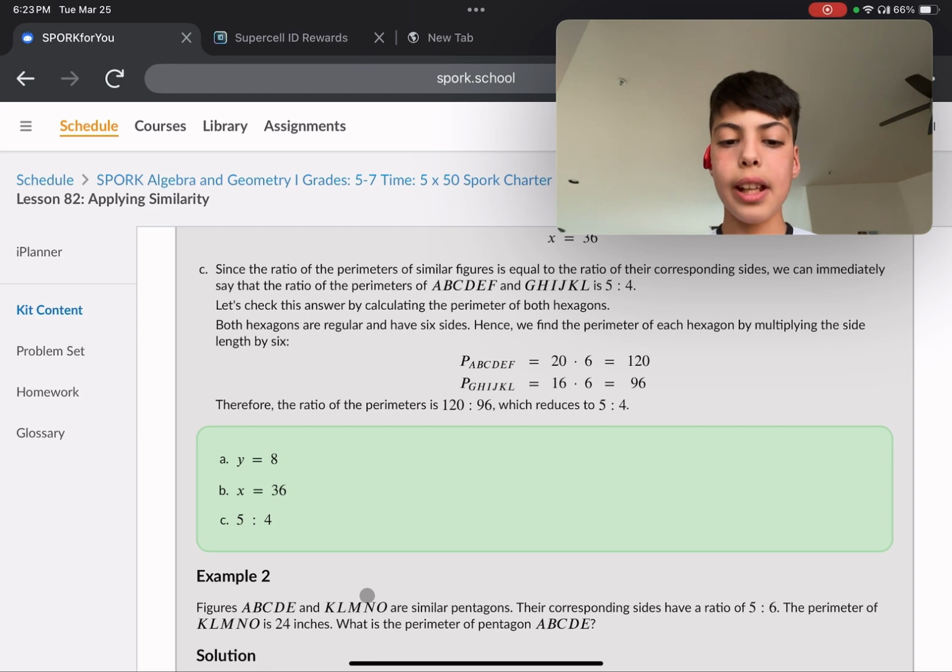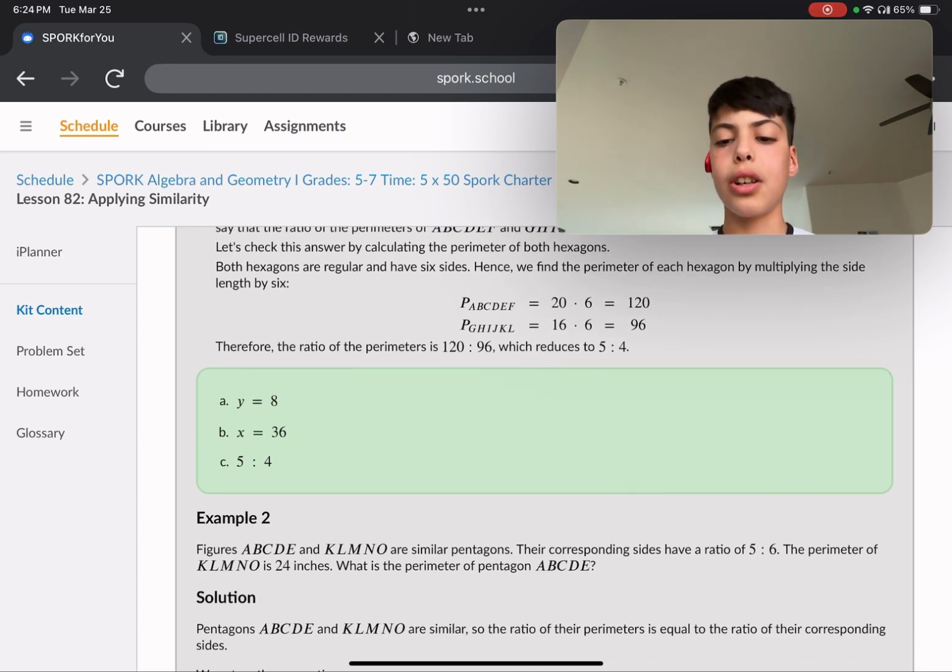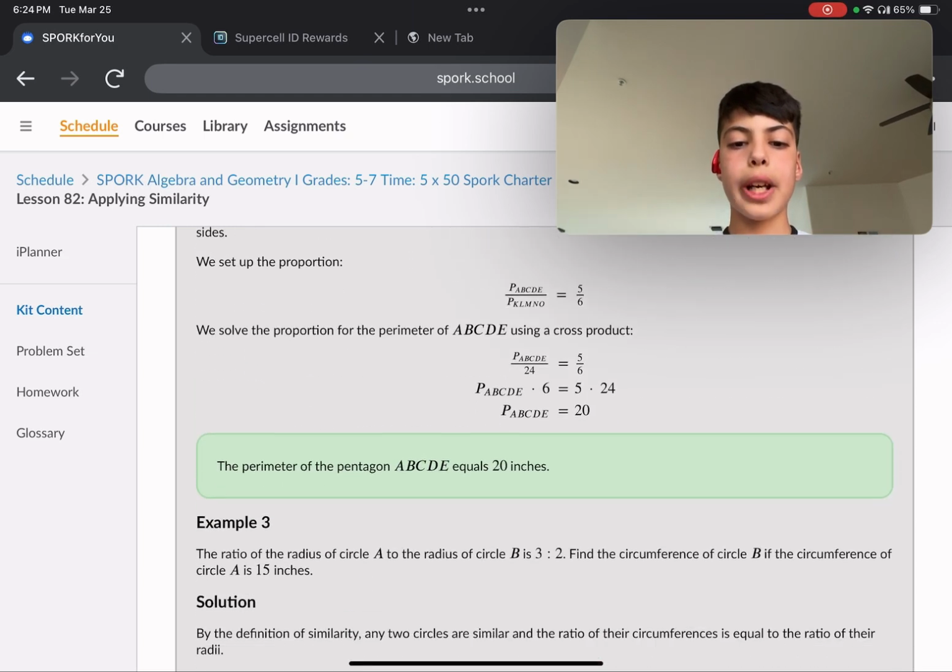So KLMNO, its ratio is 6. So we would just do what times 6 would be 24, and that would be 4. So 5 times 4 would be 20, or you could just do 24 times 5 over 6, which is just rewriting the similarity ratio as we said in the last video. We could always write it as a fraction or with the colon. And let's see if we're correct. Yeah, the perimeter is 20 inches.